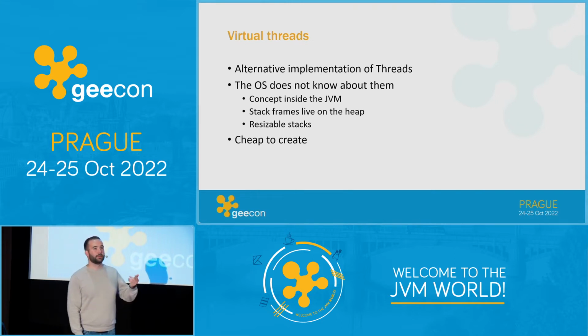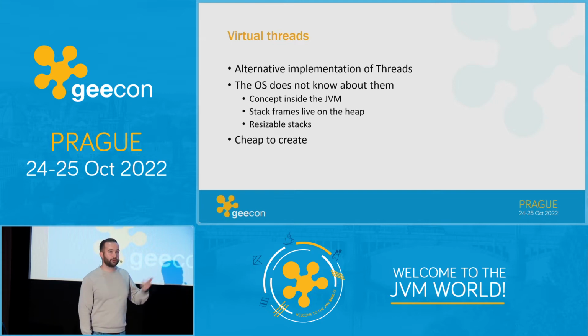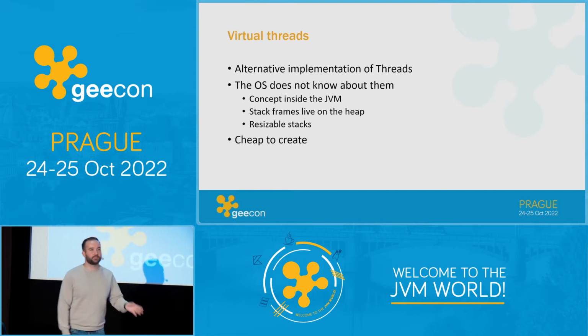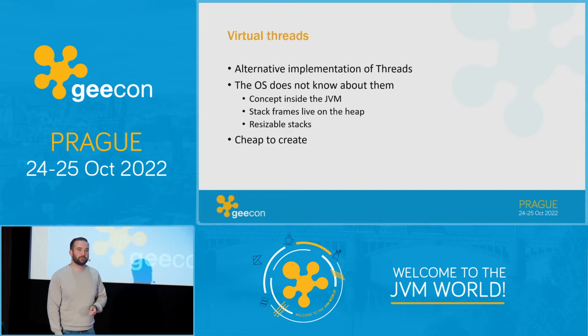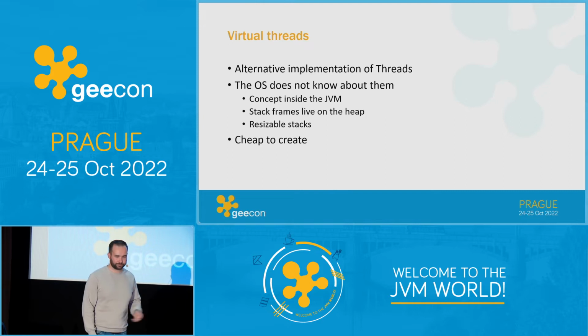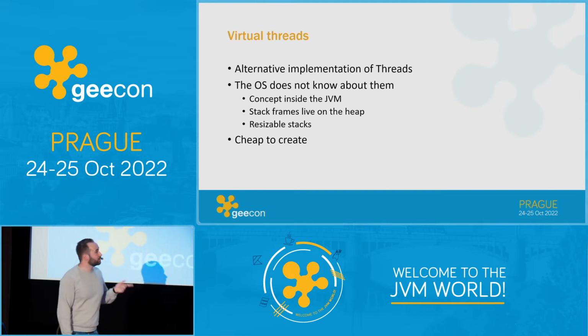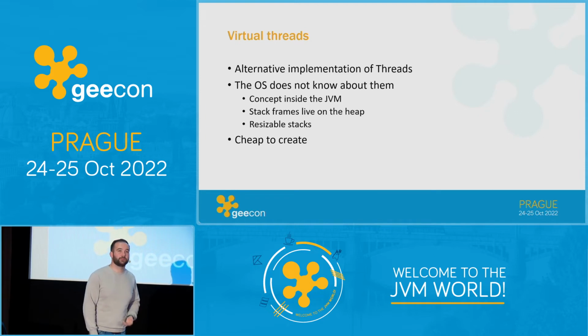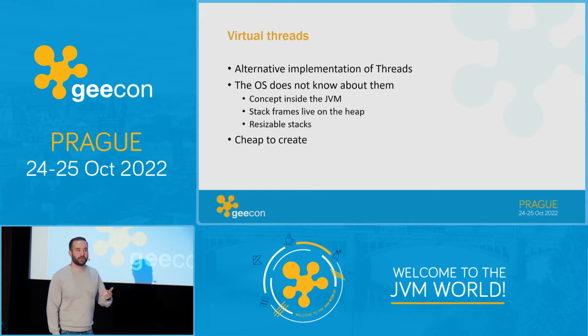So with the previous threads that we are currently familiar with in Java, the now called platform threads, they will store their stack frames inside the 1 or 2 megabytes that is allocated by the operating system, while virtual threads will store it inside the heap. So because it doesn't use that much memory and making them is very fast, we consider them to be very cheap. They're almost as cheap as creating a string would be in Java.